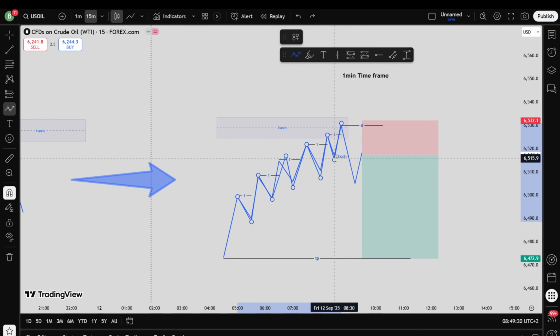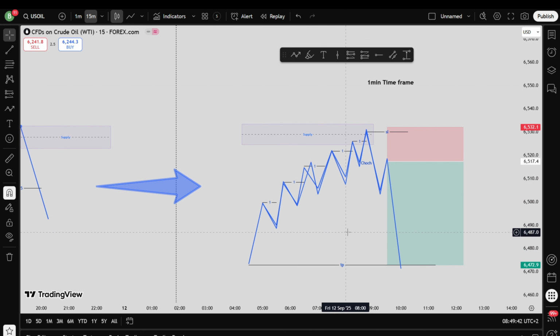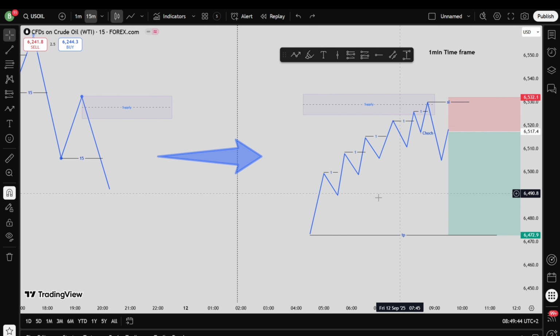So at the break, or here at the change of character, which indicates a change of trend, I usually wait for the market to retrace. It's like previous support turned into resistance, and then I take a sell position aiming for at least 1:3. So this is my model that I use when I'm trading.